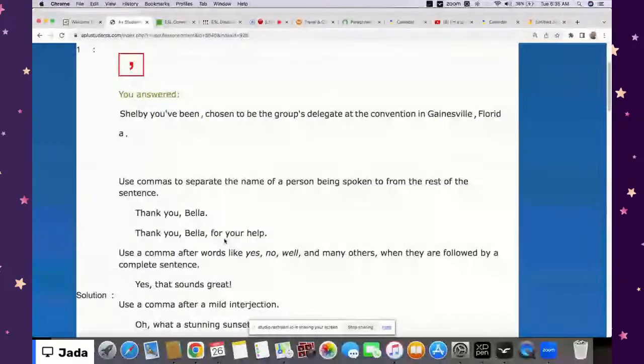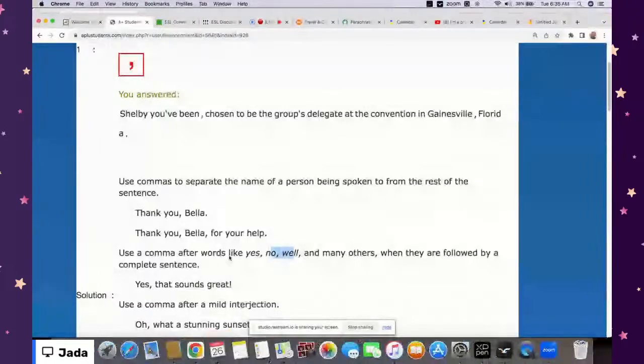Now, use a comma after words like yes, no, well, and many others when they are followed by a complete sentence. So, for example, you want to say, "Yes, I understand." After "yes," you put a comma. "Yes, that sounds great." "No, thank you." After "no," you put a comma before the "thank you." "Well, I don't think I can make it." After "well," you put a comma.